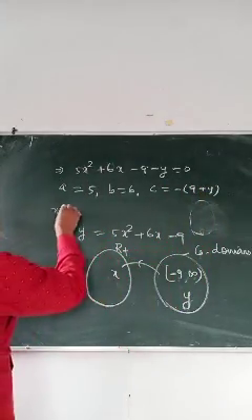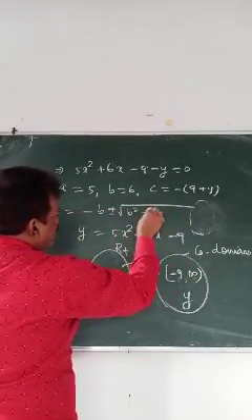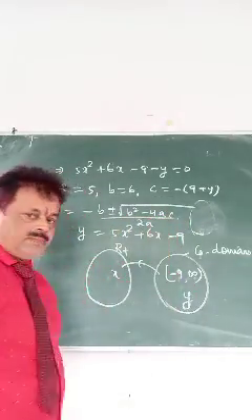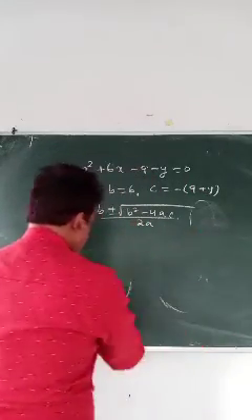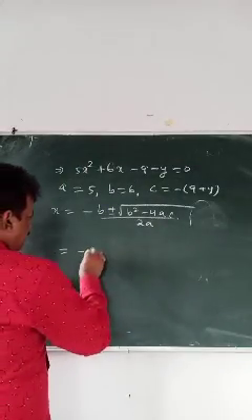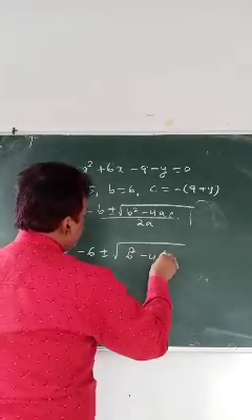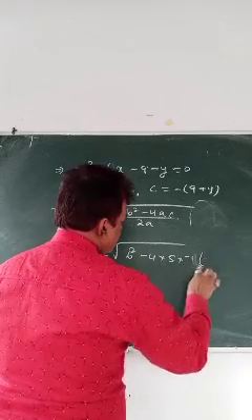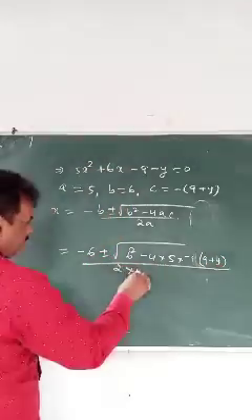Okay, what is x now? Minus b plus minus root of b square minus 4ac, by 2a. So minus 6 plus minus root of 6 square minus 4 into 5 into minus 9 minus y, by 2 into 5.